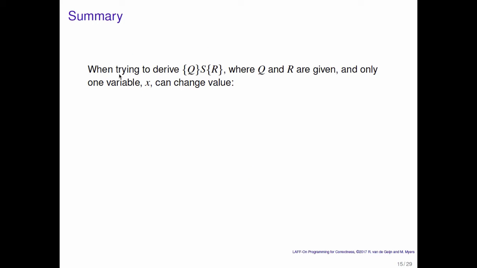So in summary, when trying to derive a code segment to be correct, where the precondition Q and the postcondition R are given, and only one variable, let's say x, can change value, what you do is you pick your command to be x becomes some expression. You then propagate that expression into the weakest precondition, and then you pick that expression such that the precondition implies the weakest precondition.